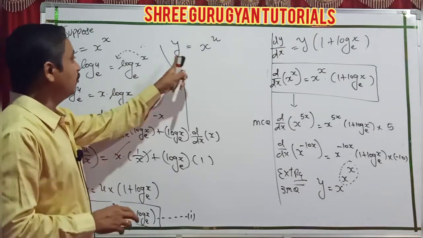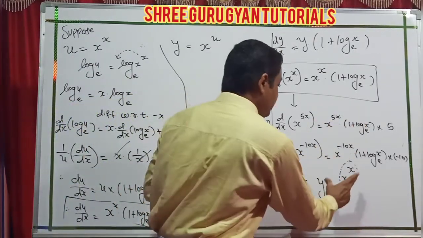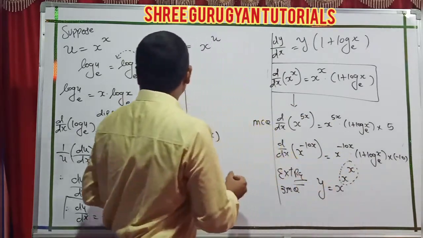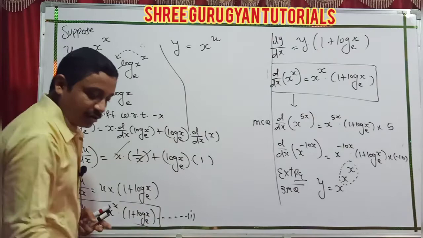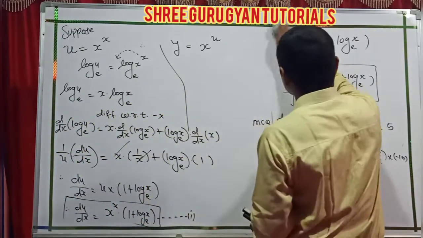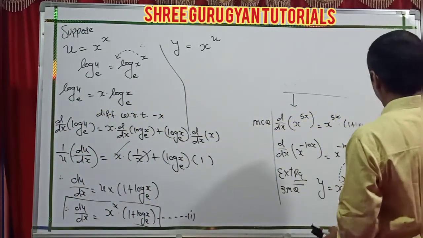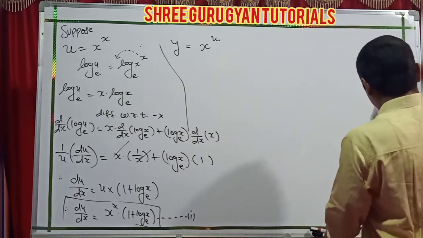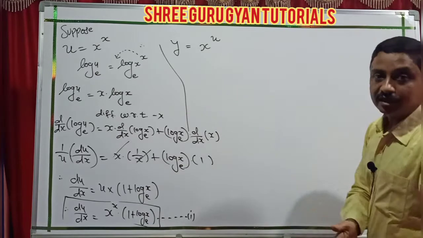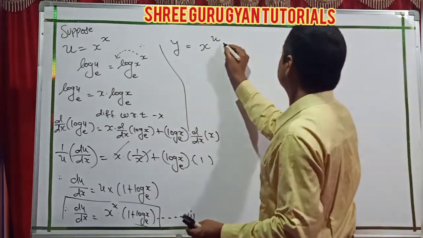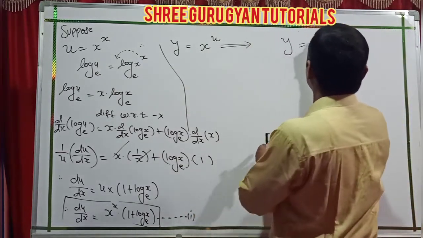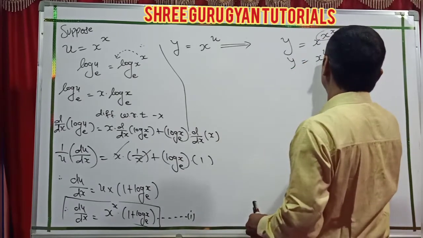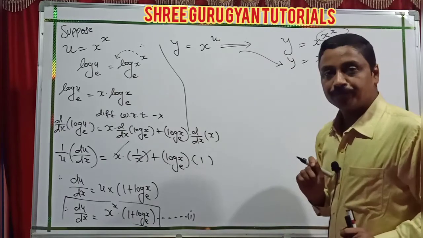Now I start above with y is equal to x raised to u. The actual question is x raised to the power x raised to x, but here I take u and calculate u's derivative separately. Now I go to the actual sum. These are the actual calculations for your numericals. y is equal to x raised to x raised to x, so I take x raised to u. It means this step is running here.